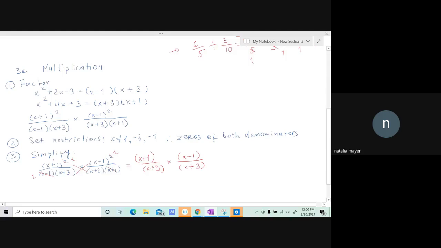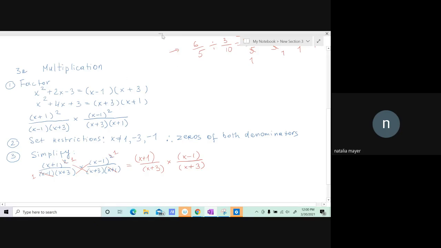So across, numerators can be simplified with the denominators. Here x plus 1 is once, so the first power. Here x plus 1 is twice because it's the second power. Oh, yes, I understood. Okay, thank you. Same idea with x minus 1. Any other questions, guys, about the part we simplify? If no questions, then we can move on to the next step.